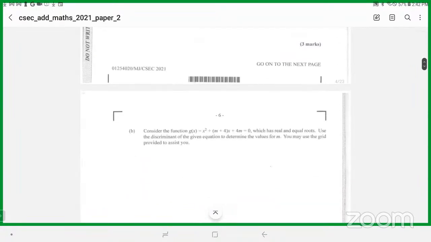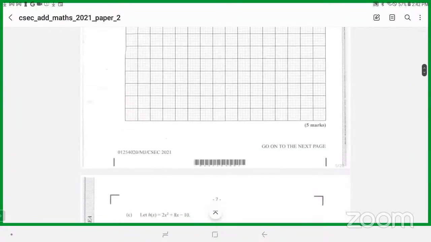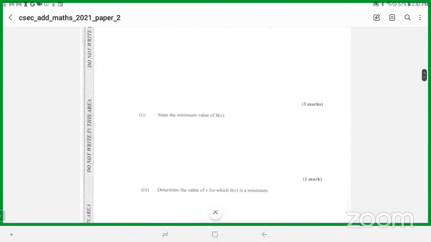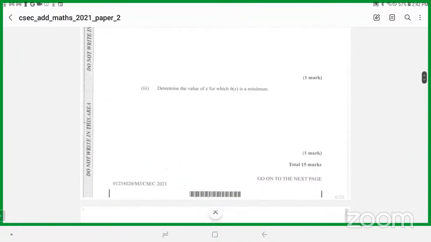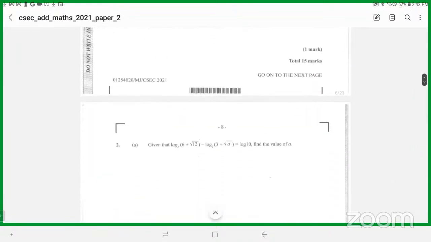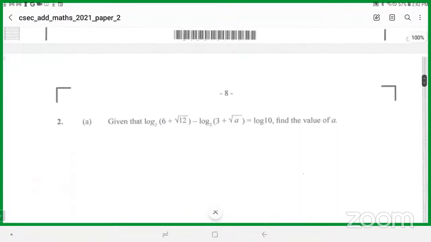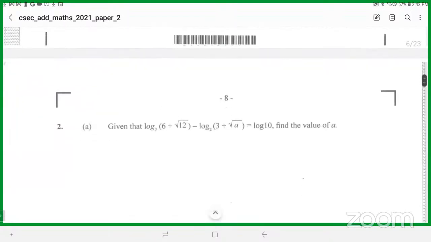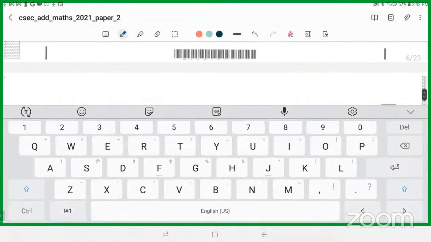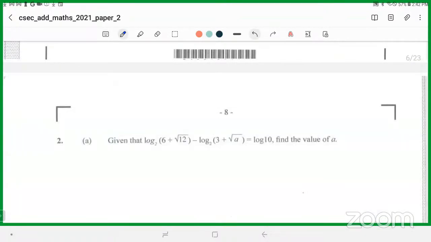Here's a polynomial, a quadratic, that's a function. Here's a log. Given those things, find the value of a. Now, first thing: the log of 10 is 1.